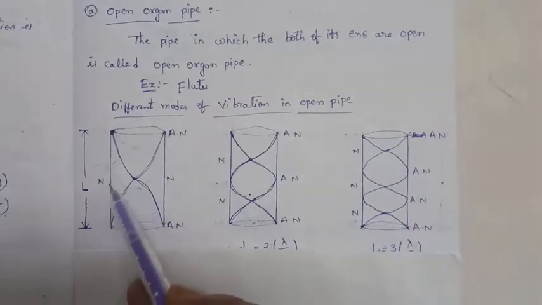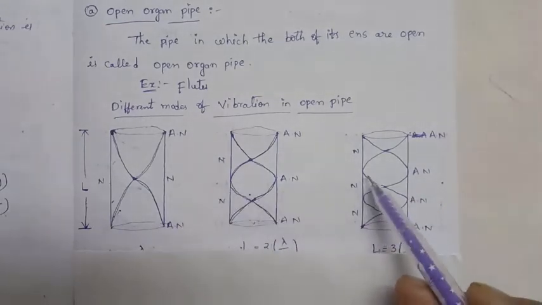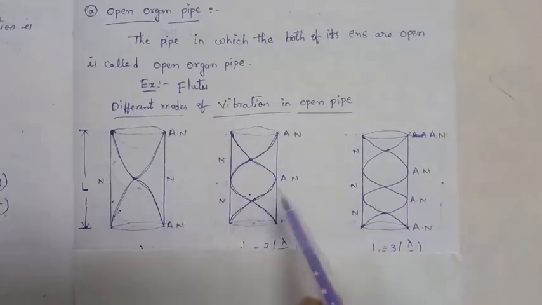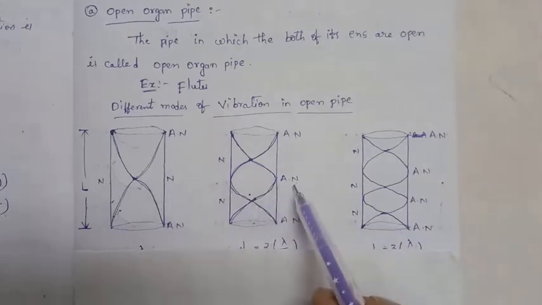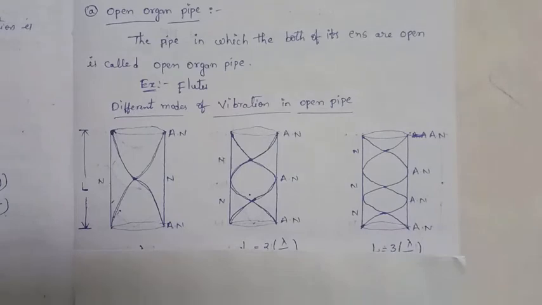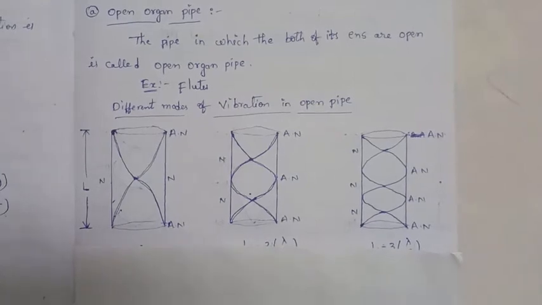Nodes are one, here two, and here three. The questions may be like, in the first mode how many antinodes are there in the open organ pipe? There is no antinode in between. In the second case, how many antinodes are there? Only one antinode. So the questions may also be asked in objective manner.